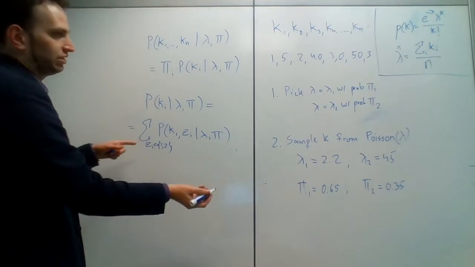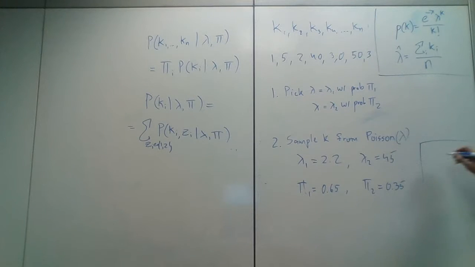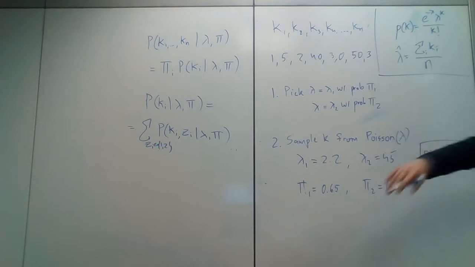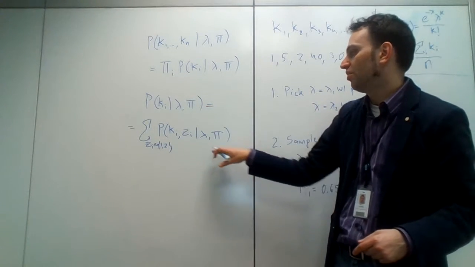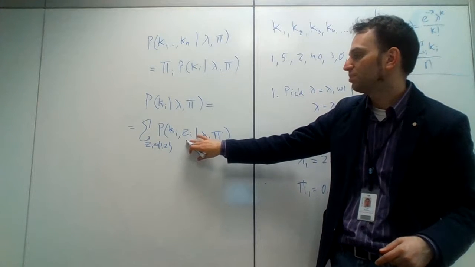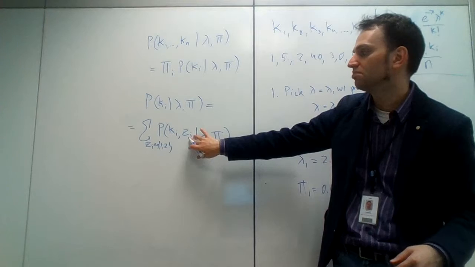We get to do this, because it's a general rule: P of A is equal to the sum over all the possible values of B of P of A, B. So that's exactly the same. But this didn't quite help us, because how do you compute the joint probability of ki and zi?